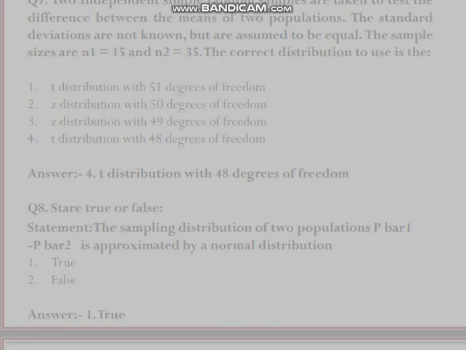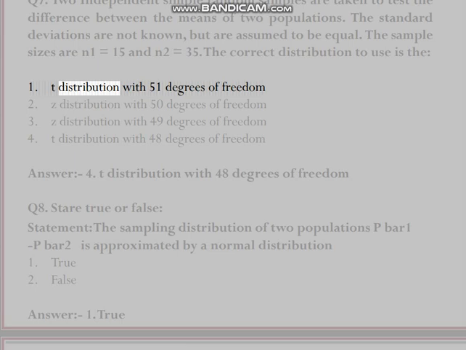Q7. Two independent simple random samples are taken to test the difference between the means of 2 populations. The standard deviations are not known, but are assumed to be equal. The sample sizes are n1 equals 15 and n2 equals 35. The correct distribution to use is the: 1.